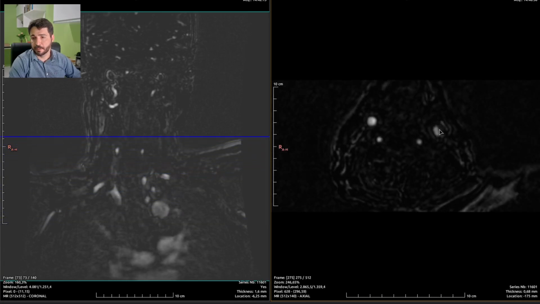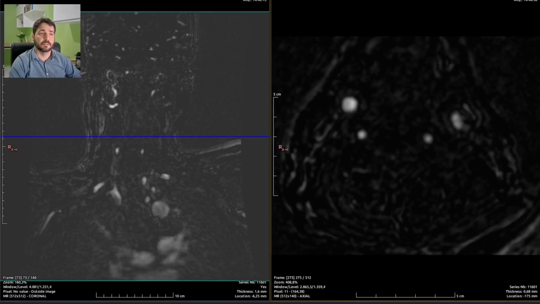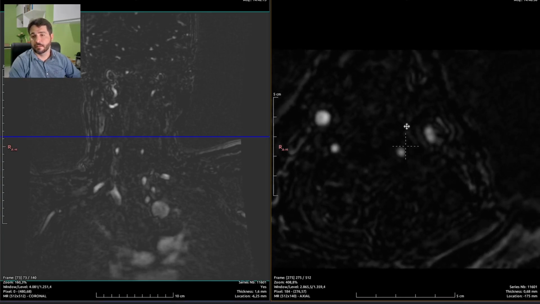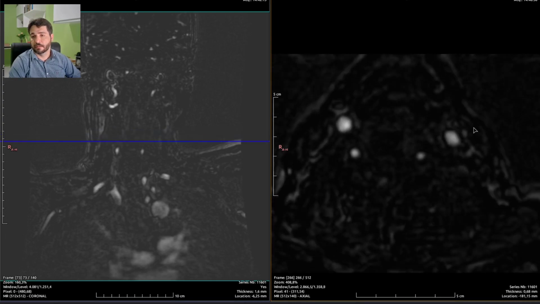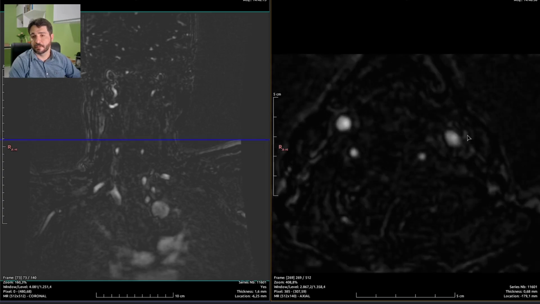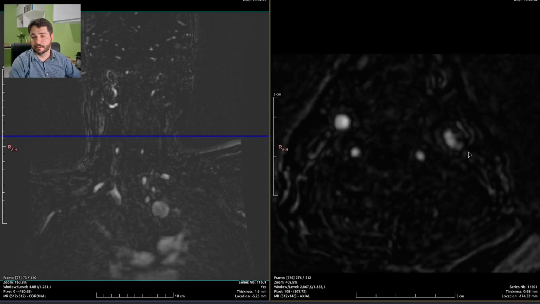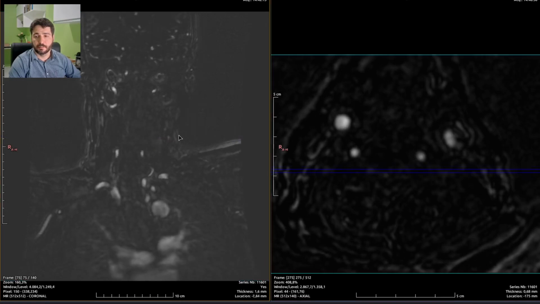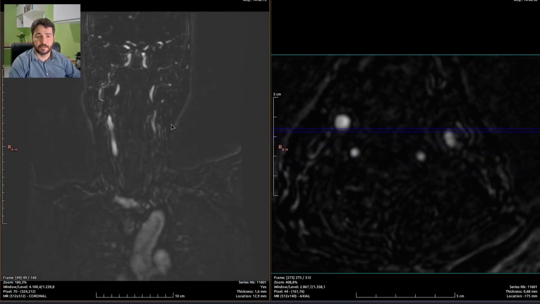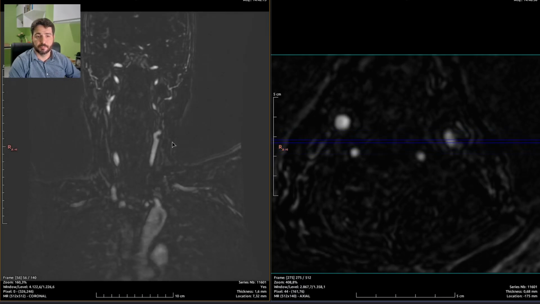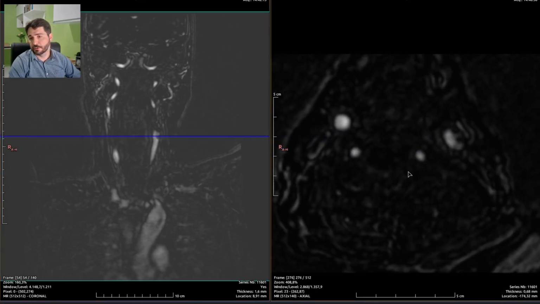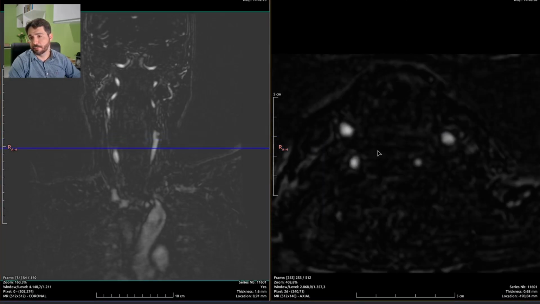So yep, there is a small plaque, an atherosclerotic stenosis, mild atherosclerotic stenosis right here on the left carotid bulb, right before the bifurcation, that has almost no repercussion.